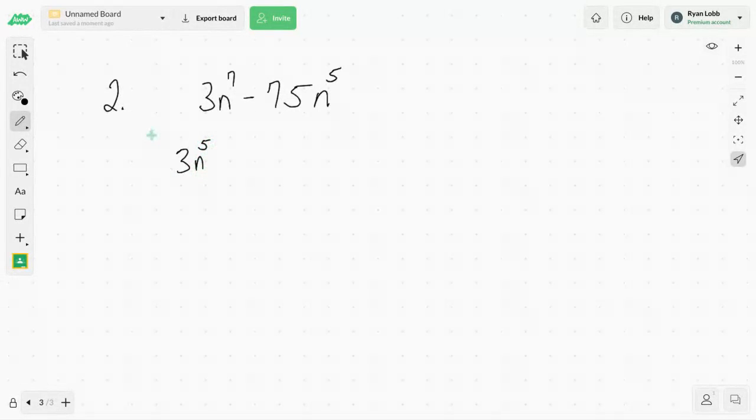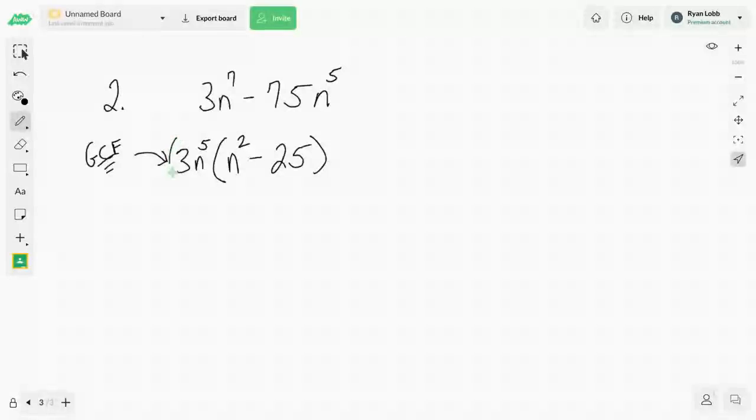We want to take out the greatest common factor between those two terms, which is 3n to the 5th. What's left is n squared minus 25. And 3n to the 5th is a monomial that we can just keep bringing along for the ride.